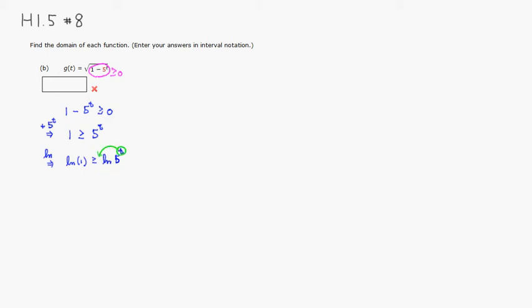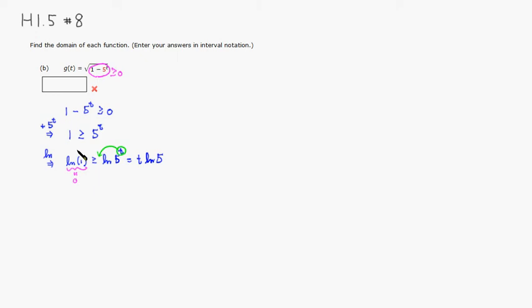So we get t times natural log of 5. We already know that natural log of 1 is 0.